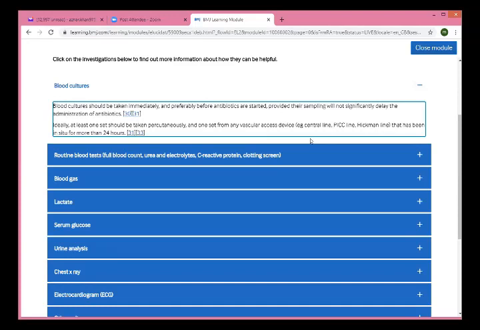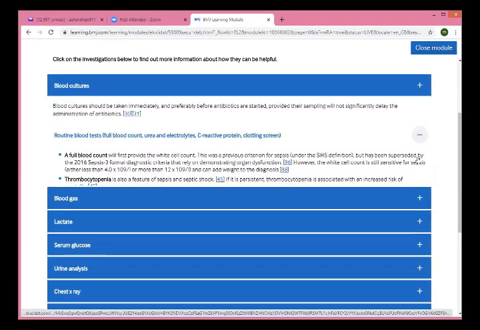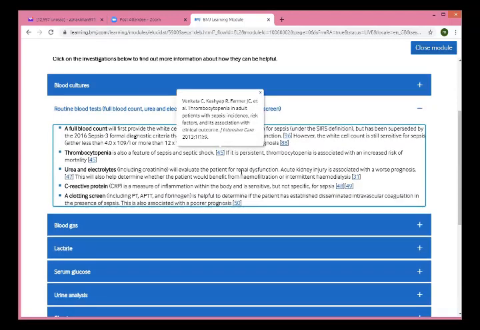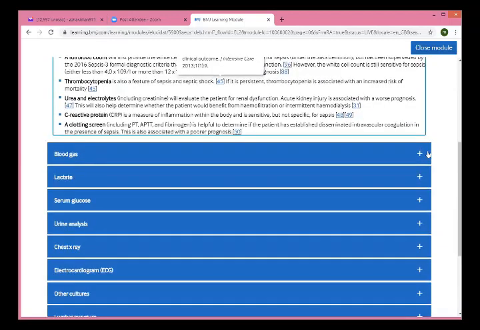At least one set should be taken percutaneously and one set from any vascular access, like a central line or PICC line, and should be taken before antibiotics administration, but don't delay the administration of antibiotics because of blood cultures. Routine blood count, serum creatinine, CRP, and clotting screen you do. So that is the investigation of sepsis.